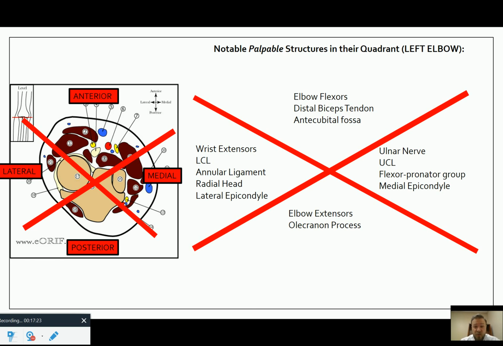So you have your elbow extensors and really your olecranon process, and those are the two most. You also have a bursa as well on the olecranon, so you might want to add that one in. The lateral part of the forearm, you're looking at your wrist extensors, the LCL, your annular ligament, radial head, and the lateral epicondyle.